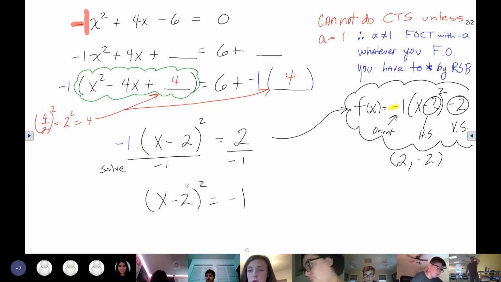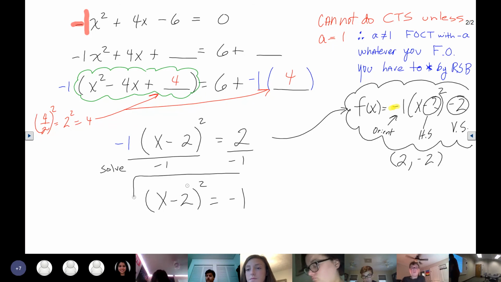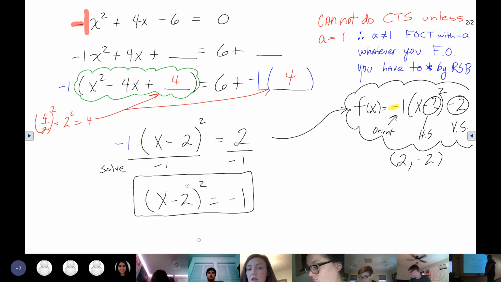Now this is where I'm going to show you some stuff that you might see in the homework that you haven't seen, or in chapter 3. So we're going to stop right there, and I'm going to go to the next page. So that's where we're going to take off.